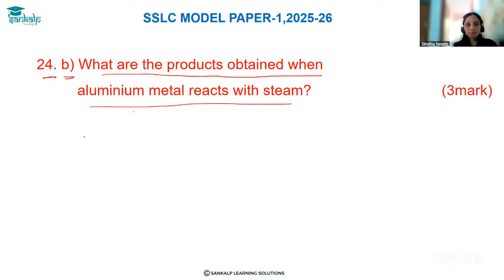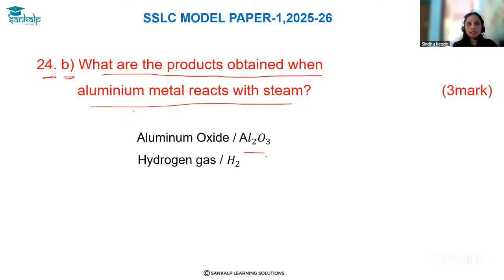See here, when aluminium metal reacts with steam, generally aluminium oxide and hydrogen gas are formed. How is it formed?